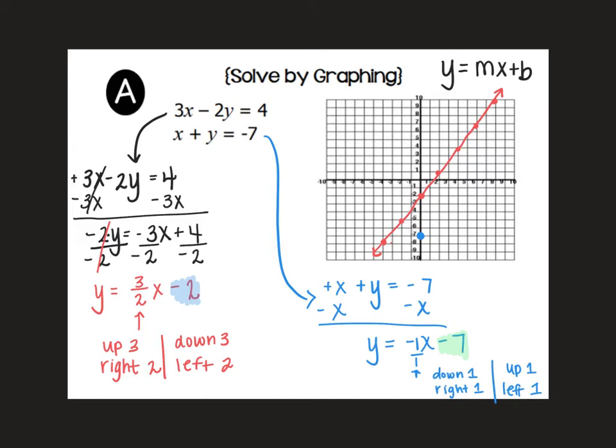So I'm going to start by going down 1, right 1, down 1, right 1, down 1, right 1. And then I'm going to go the other direction, so up and left. When you do that, you should see that right here, your two lines intersect. So that ordered pair is your answer, and that ordered pair is negative 2, negative 5. So for all the graphing problems, you're repeating that exact process.